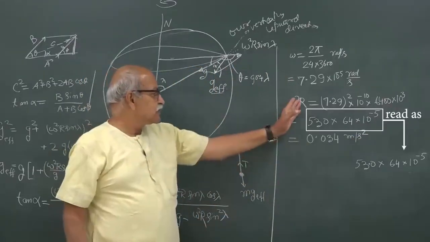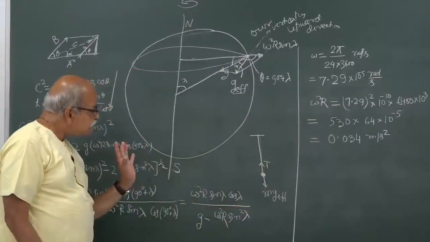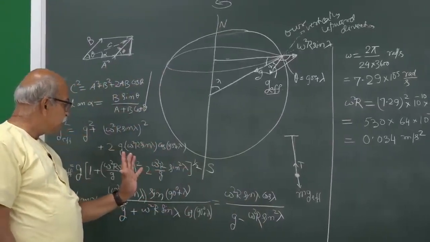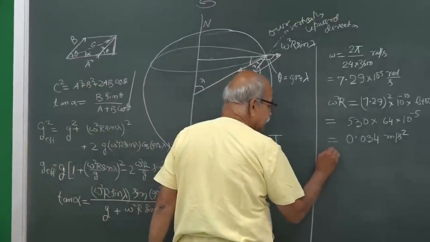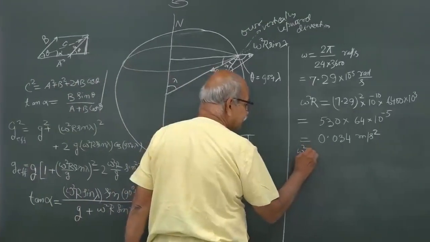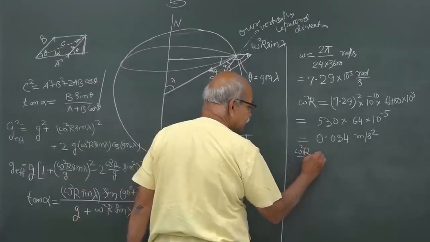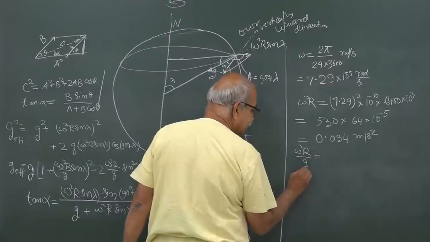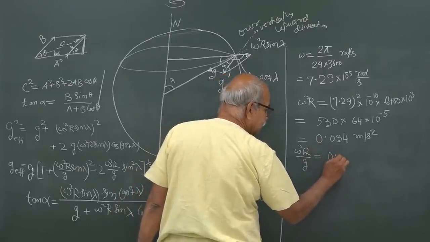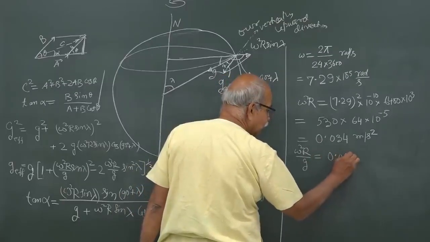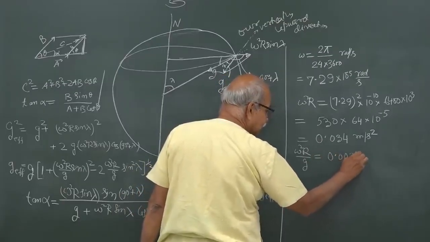Okay, so this is omega square r. If you compare with g, this omega square r by g is this divided by 10, g is around 10. So, this will be 0.0034.